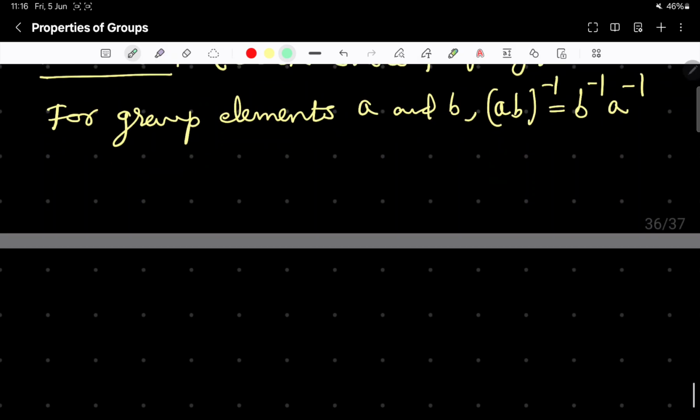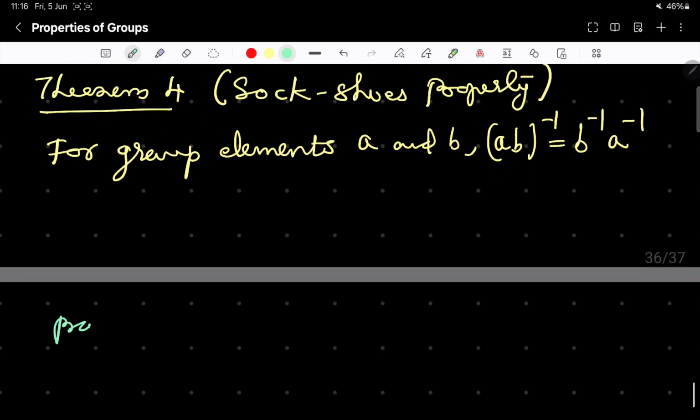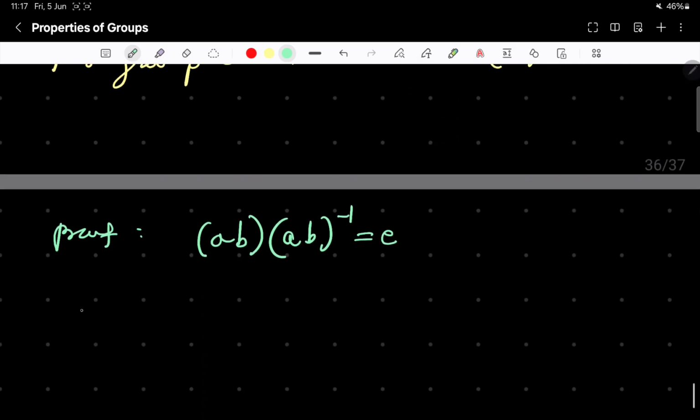It can be proven easily from the cancellation law. You know that AB whole inverse times AB, so let's move it a little here: AB inverse into AB, surely it is E. Now let's work out AB into B inverse A inverse.